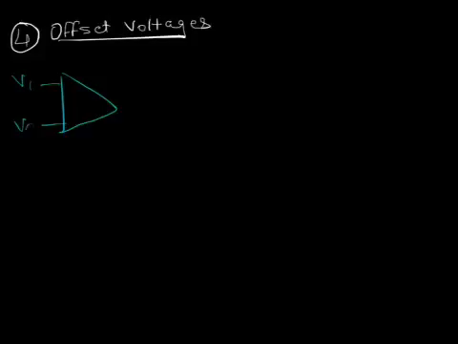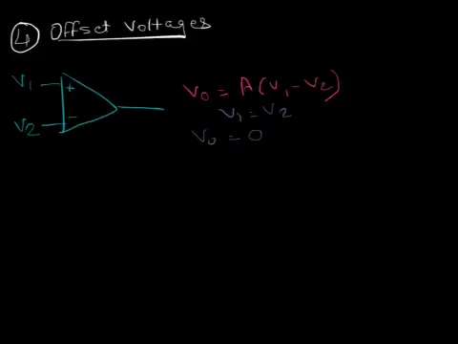So ideally, what we expect is to see Vout equal to A times (V1 minus V2). So if we give V1 equal to V2, we should get Vout equal to 0. But most of the time that does not happen. Even if the input voltages are equal, which means the differential input is 0, the output is non-zero.